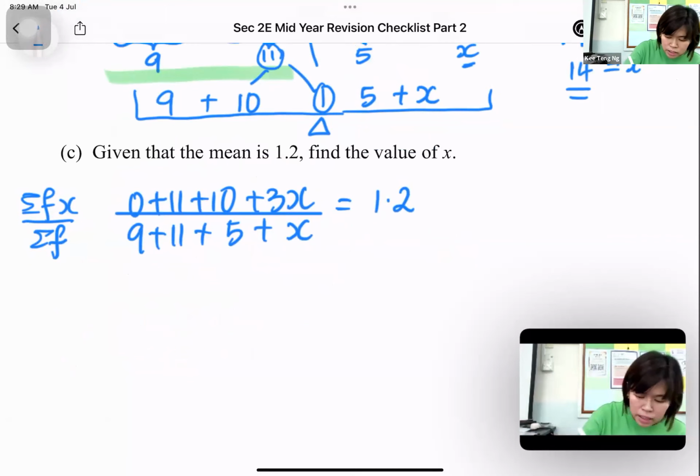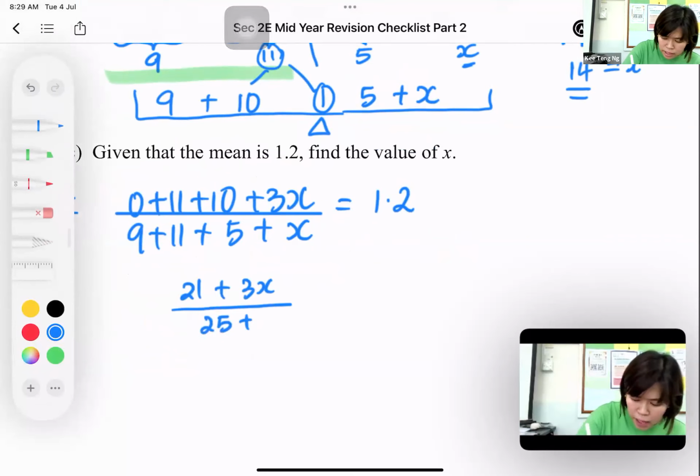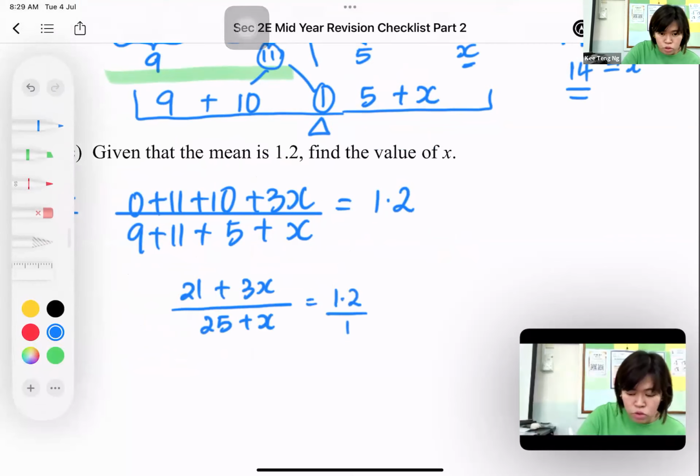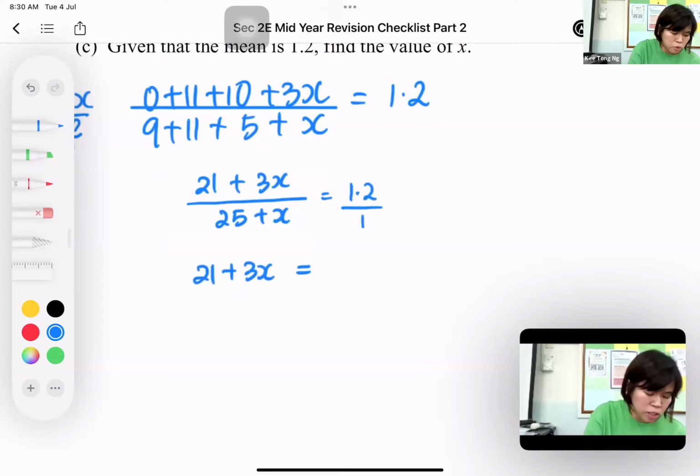I have 11 plus 10, that's 21 plus 3x over 9 plus 11 plus 5, that's 25 plus x equals to 1.2. Then what do we need to do? We cross multiply. 21 plus 3x equals to 1.2 times 25 is 30 plus 1.2x.